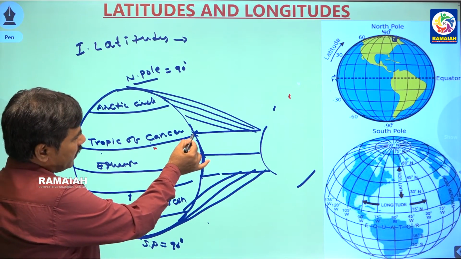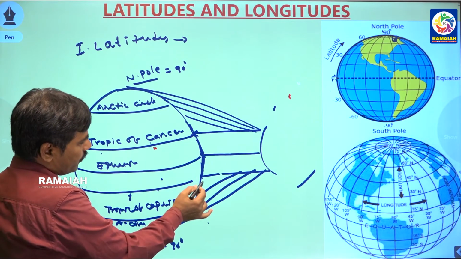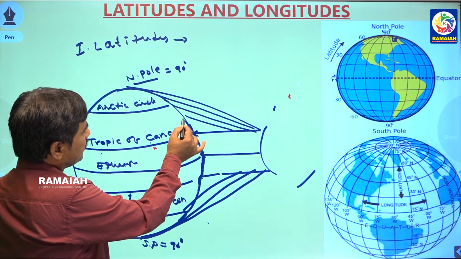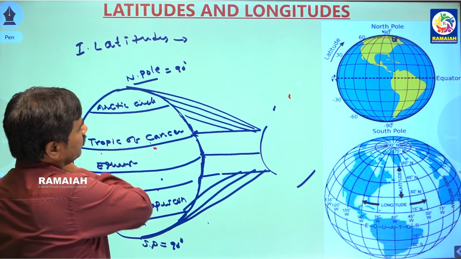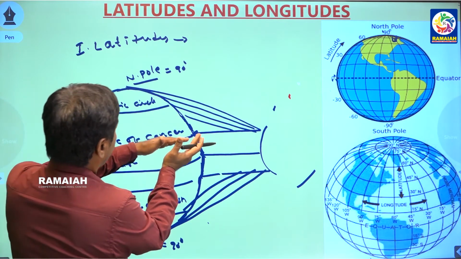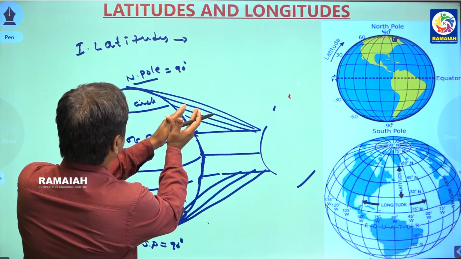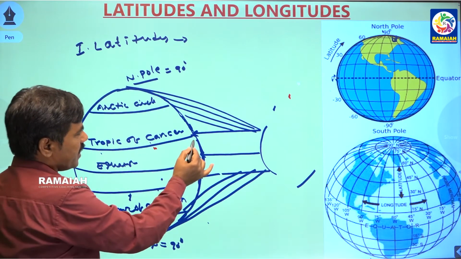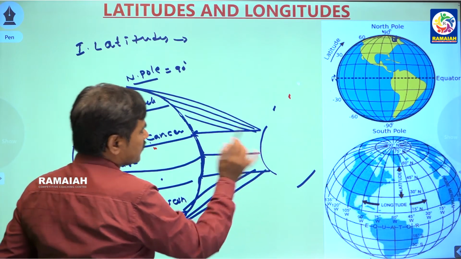So the upper part of Cancer and Capricorn is sinking, going gradually towards the poles. This area gradually decreases going poleward. That's why this area is near to the sun.